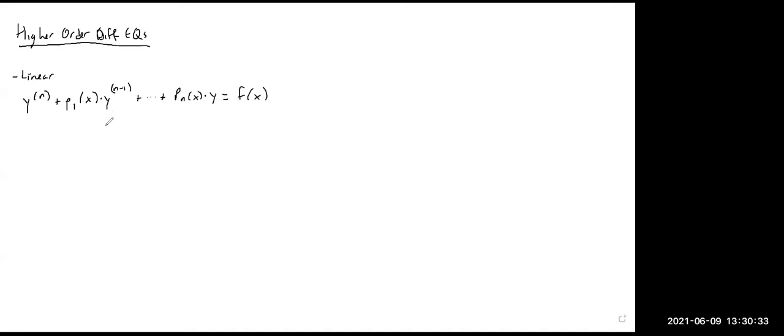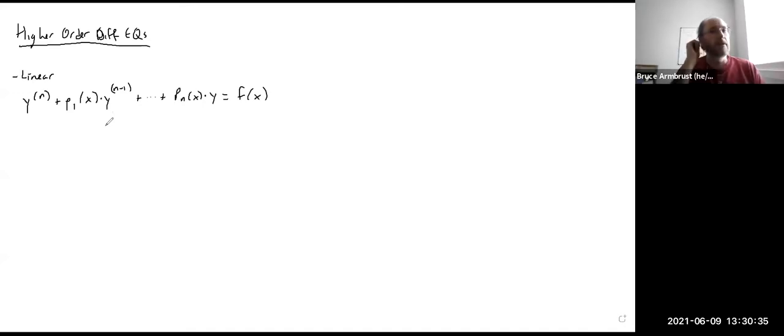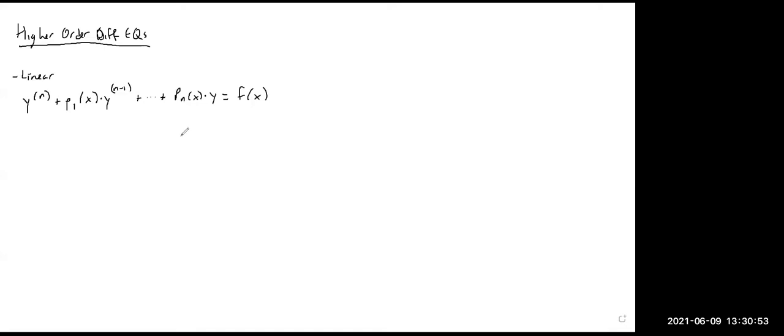Yeah, it's pronounced Abel's theorem, where we could look at the Wronskian, and the Wronskian would tell us whether or not we had a unique solution. And do you remember what had to be true about the P and the Q in that case? They need to be continuous. Yeah, they need to be continuous.